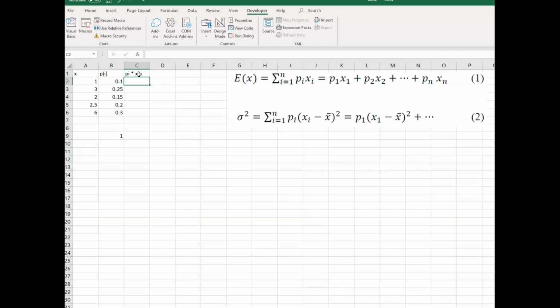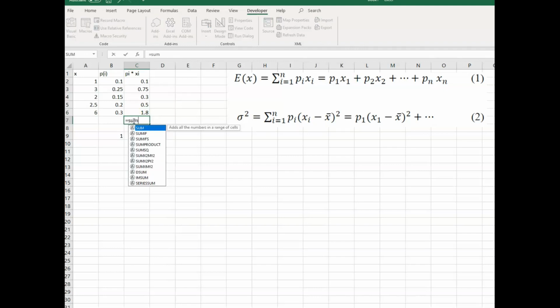So this is what I call method 1. Method 1 is P1 times X1. Then we copy and paste. So the first one is P1 times X1, P2 times X2, and the last one is P5 times X5.